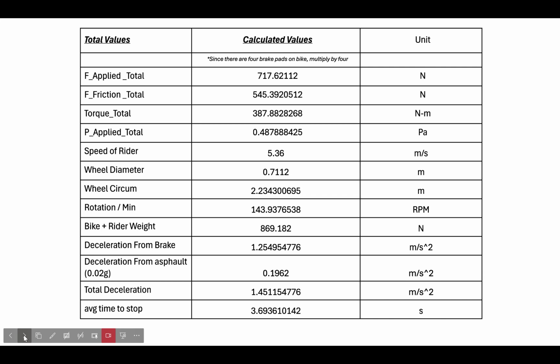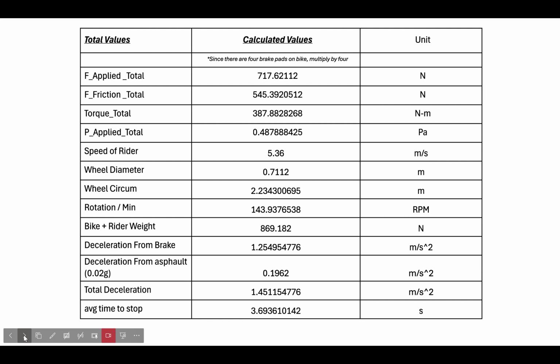Wheel circumference calculated becomes 2.234 meters. And then using the speed of the rider as the tangential velocity, we calculate the angular velocity of the wheel itself, which we converted into rotations per minute. And then we got 143 RPM.